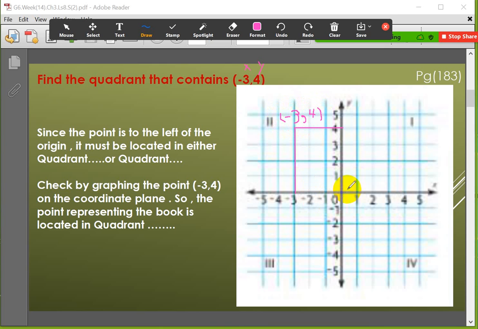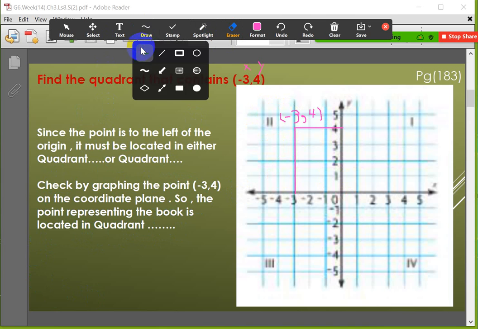Okay? So in which quadrant is this point located? In which quadrant? As you said, in the second one. That means this point is located in quadrant 2, and you have to write the number of quadrants in Roman numerals.